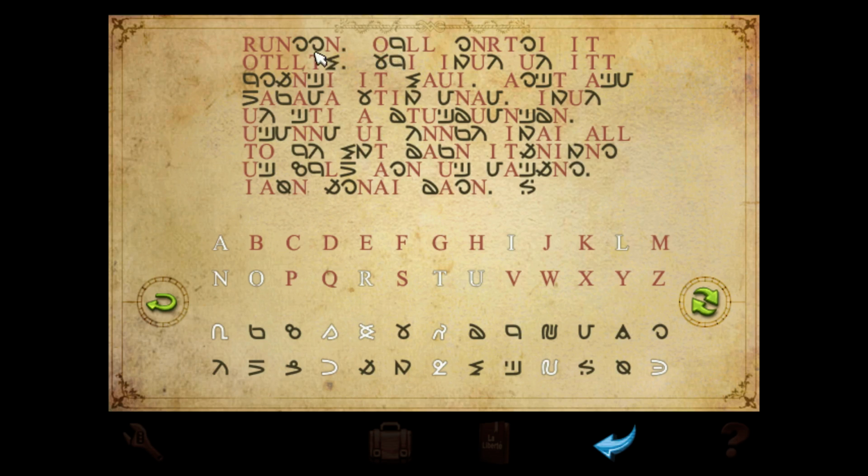So we've got a couple of things. Let's make this symbol O. Well, M-N-N-O-P. So O there.